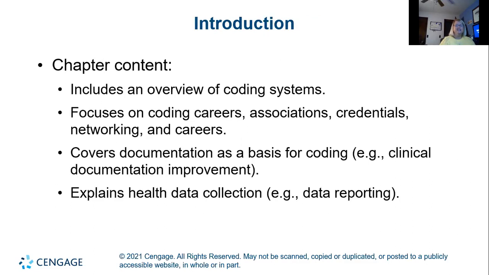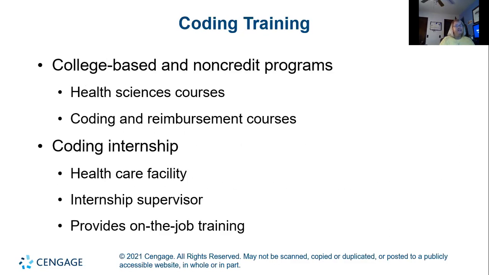Introduction: chapter contents include an overview of coding systems, with a focus on coding careers and things like that. The training for a coder can either be educational and college-based, or it can be a training session or something of that sort, depending on what kind of credential you're trying to get.